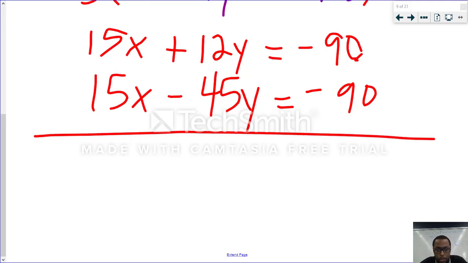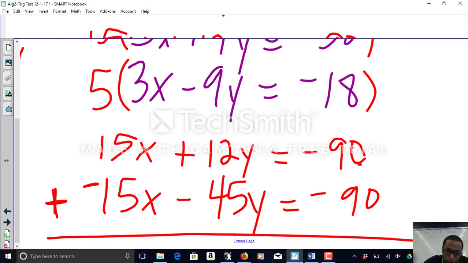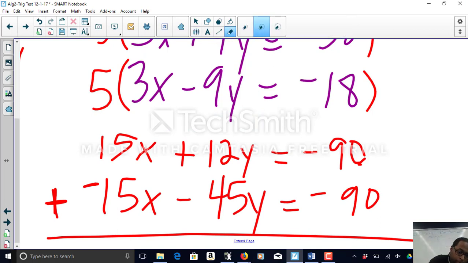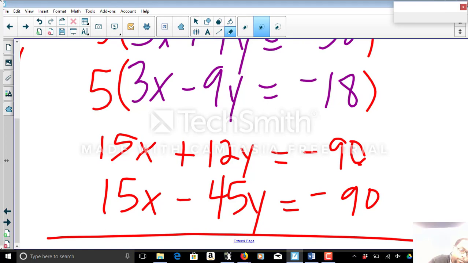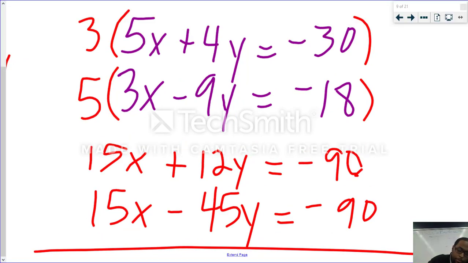In order for me to answer this question, if they're both positive, the only way you eliminate positive is through subtraction. Okay. If one was positive and one was negative, then you would eliminate this through addition. Okay. But in this case, because they're both positive, we will eliminate using subtraction, okay?